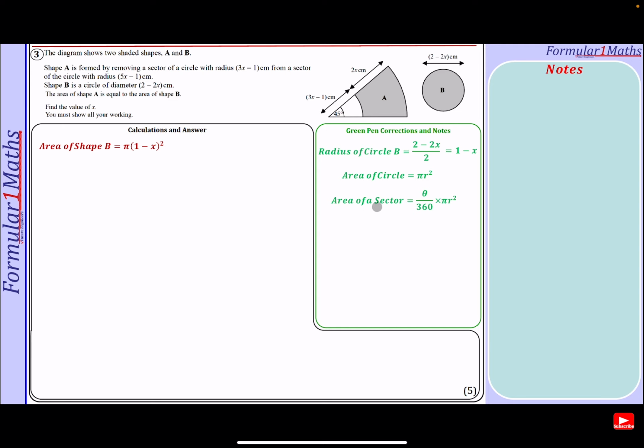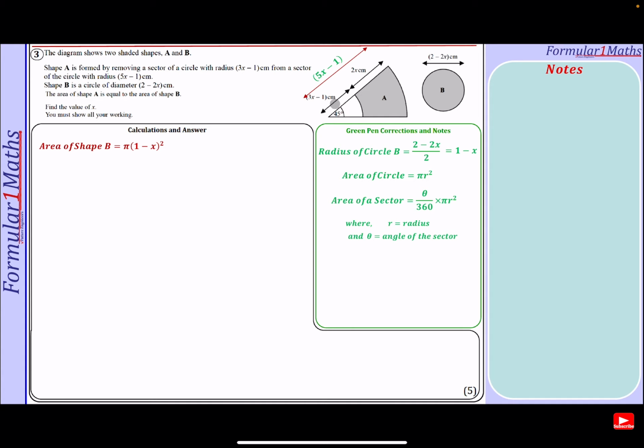The area of a sector is given by theta over 360 times pi r squared, where r is the radius of the sector and theta is the angle of the sector. In this case, the angle is 45 for both sectors, both the small one here and the big one over there. So let's note that.